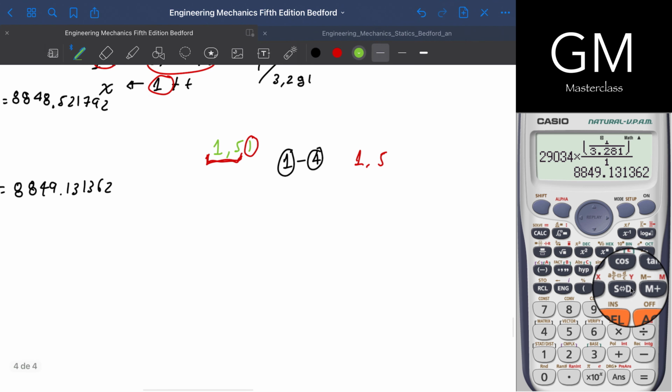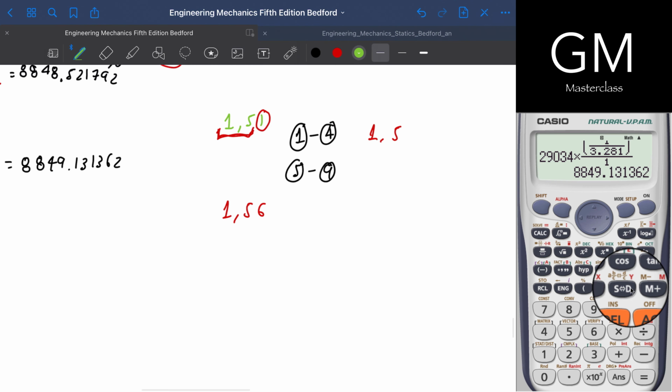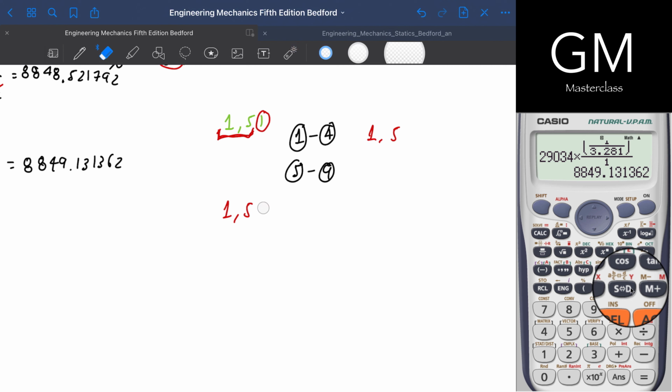But if I got a number between 5 and 9, including those two, then what I gotta do is approximate to the next number. So for example, 1.56. Then I gotta approximate this number to the one that follows. I'm going to write, for example, 7, for you to not get confused.